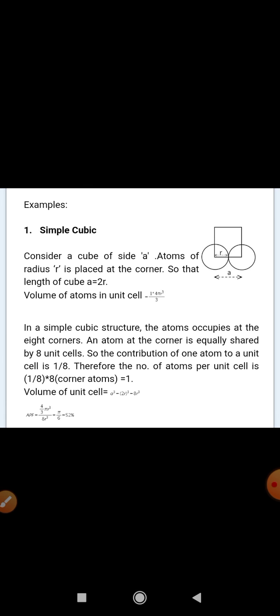In simple cubic structure, the atoms occupy the 8 corners. If we see the diagrammatic representation of the unit cell, in simple cubic, the particles or atoms are present at the 8 corners.